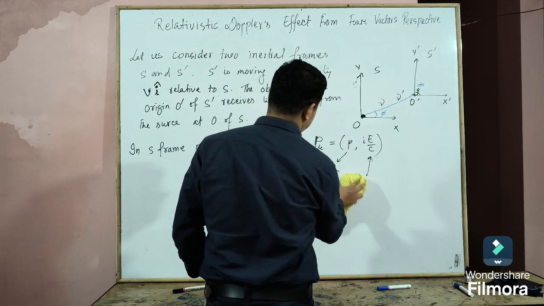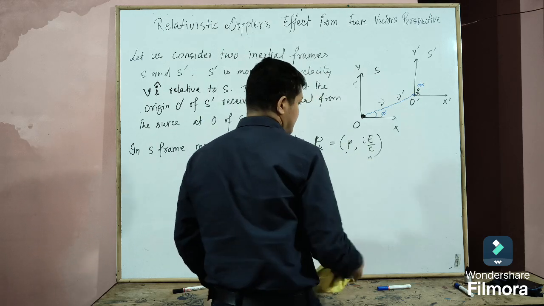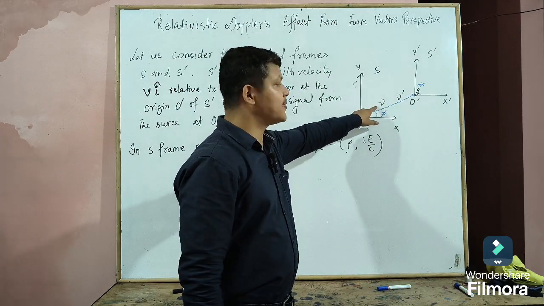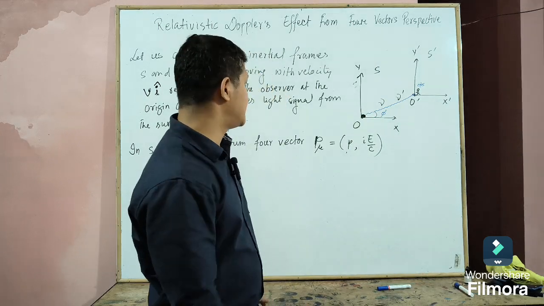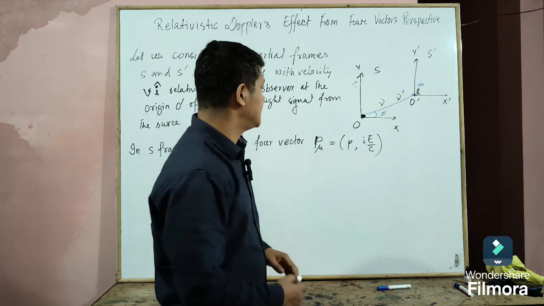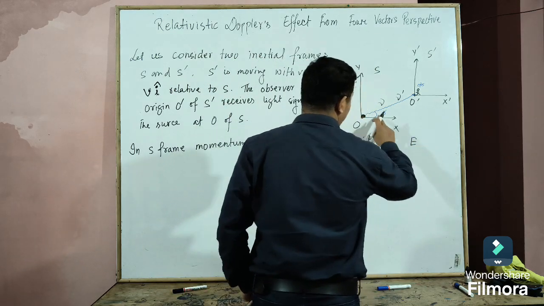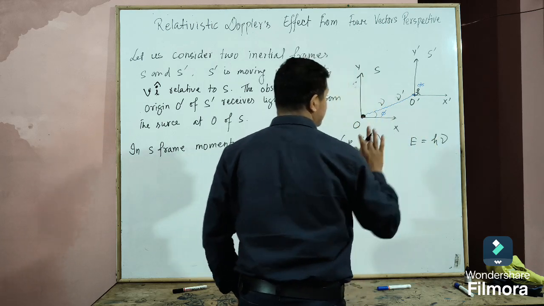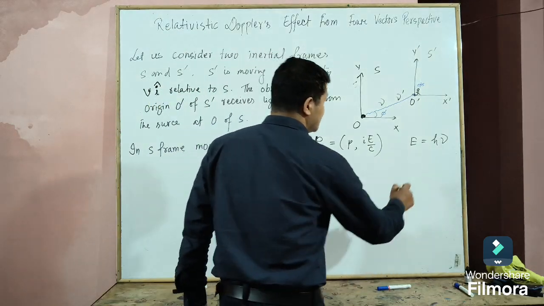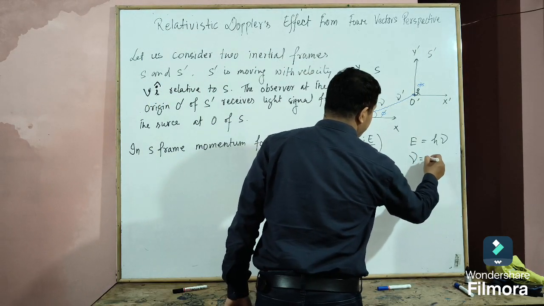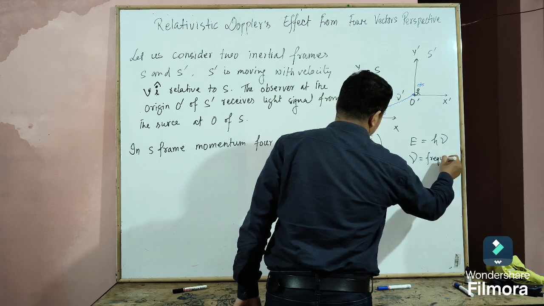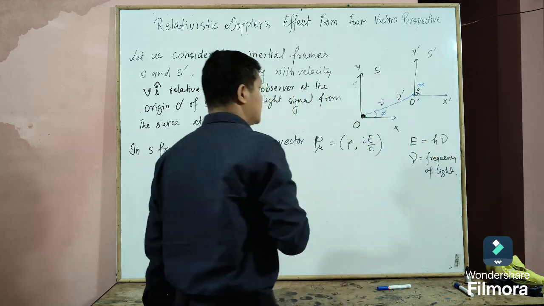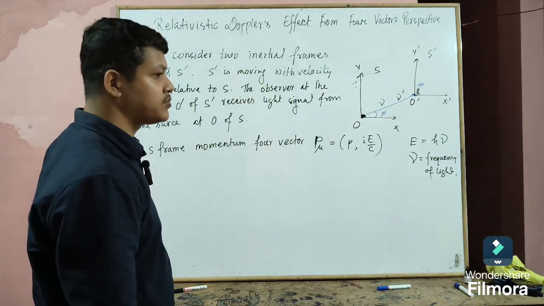So now here you see, if this is the frequency of light, then the energy emitted from this source in the form of light is given by h nu, where h is Planck's constant, and nu is the frequency of light.